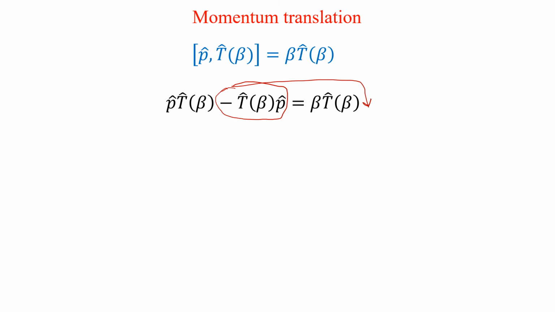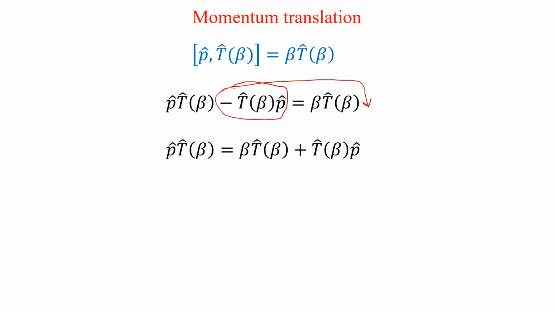And then what you will get is pT is equal to beta times T plus this second term, which will become plus T, which is a function of beta, times the operator p. T and p are operators, so we are not supposed to change the order.